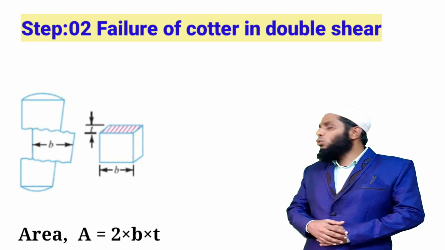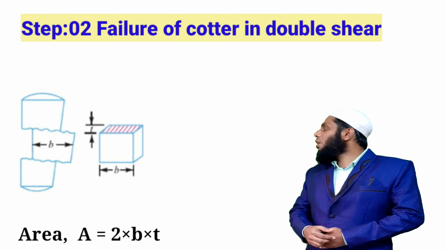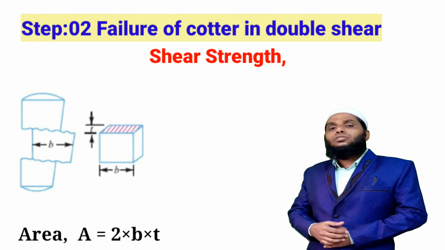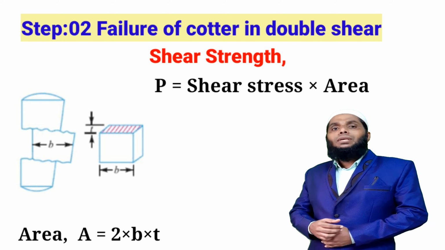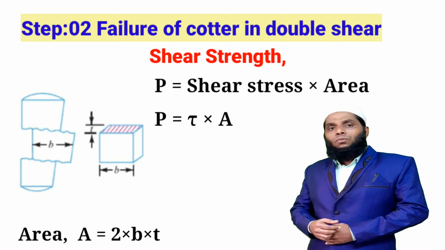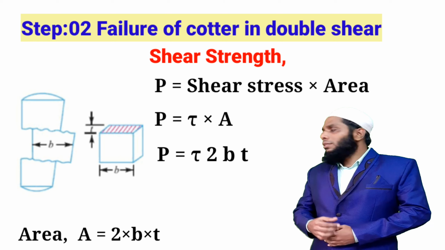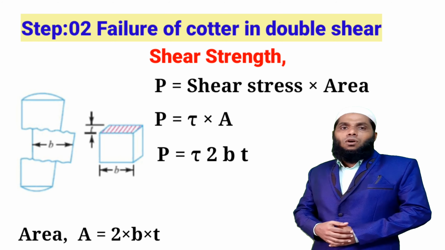Therefore area is equal to 2 into B into T. Upon substituting this value of area, the shear strength of this cotter is P equals tau into area. Therefore P is equal to tau into 2 into B into T. So this is the shear strength of the cotter.